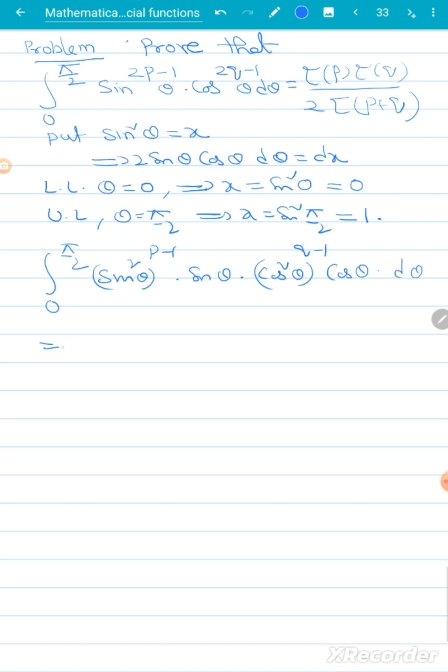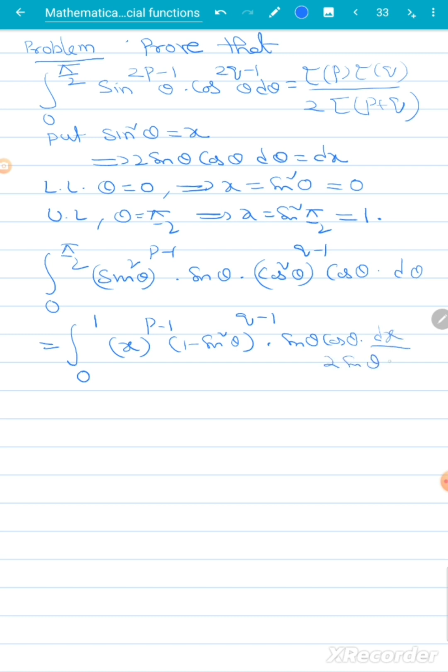Now this is equal to, now I will change the limits, integration 0 to 1. sin square theta is x to the power of p minus 1 into cos square theta is 1 minus sin square theta, 1 minus sin square theta to the power of q minus 1 into sin theta cos theta, and d theta value is dx by 2 sin theta cos theta.